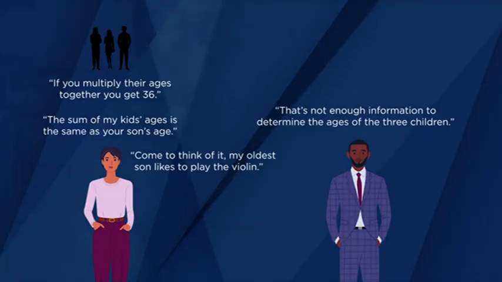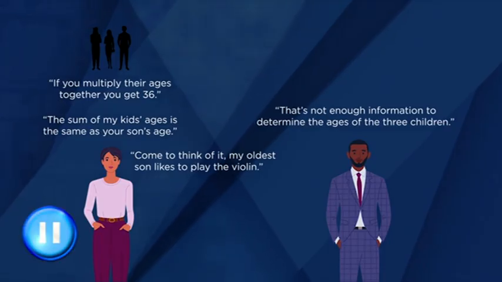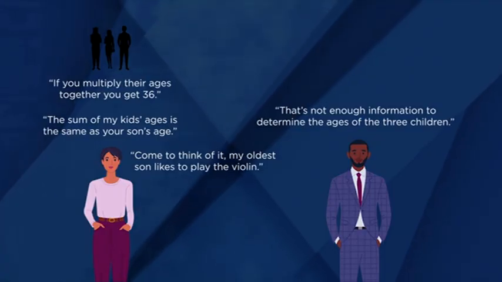Just to clarify an important point, you can assume that we are only measuring the children's ages in years. In other words, each child's age is a whole number. You don't have to worry about any child being 4.5 or anything like that. We'll take the standard brief pause so you can mull this over. Any luck?